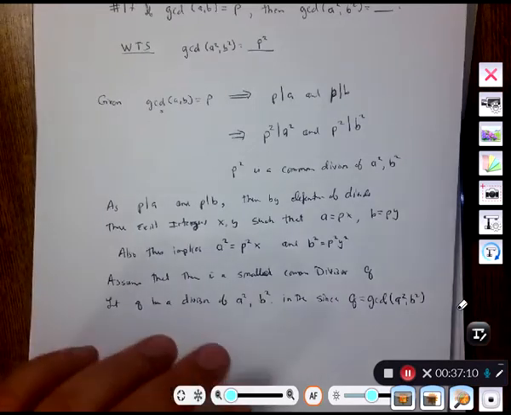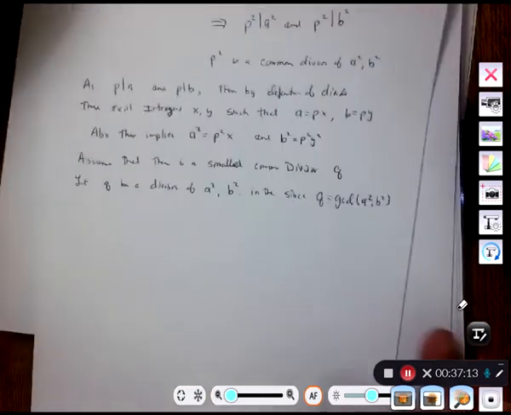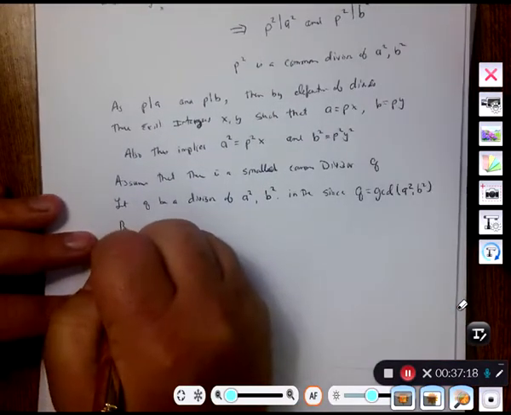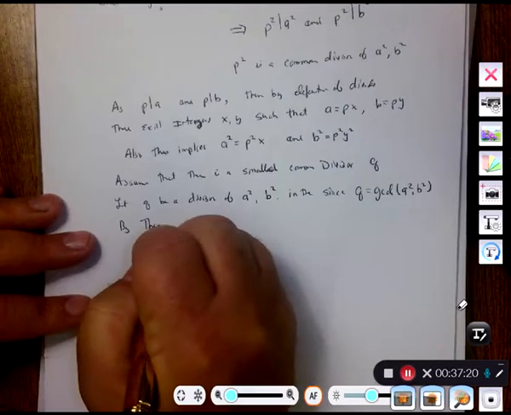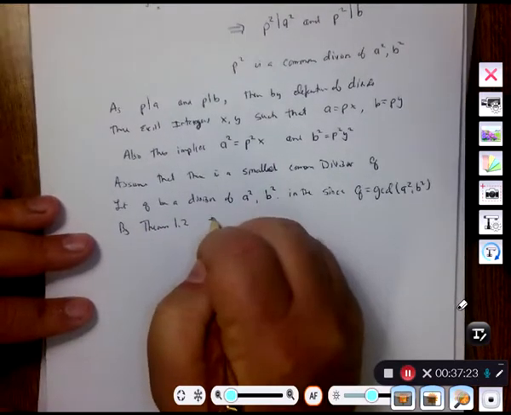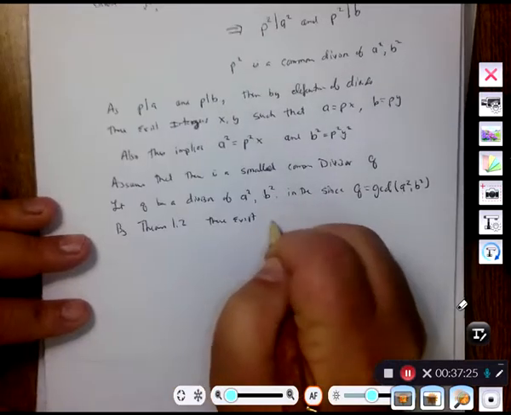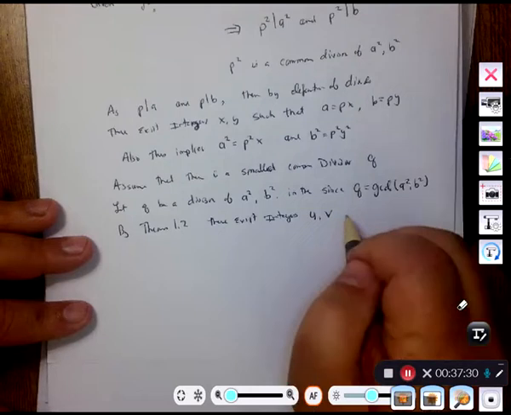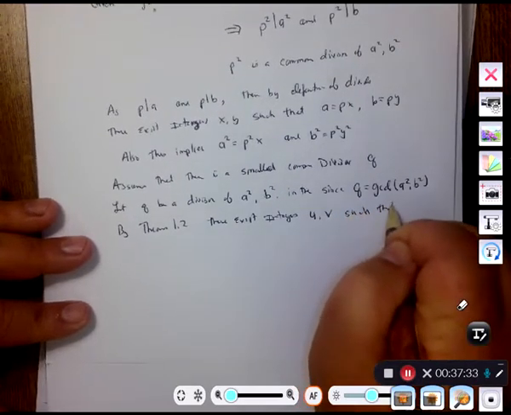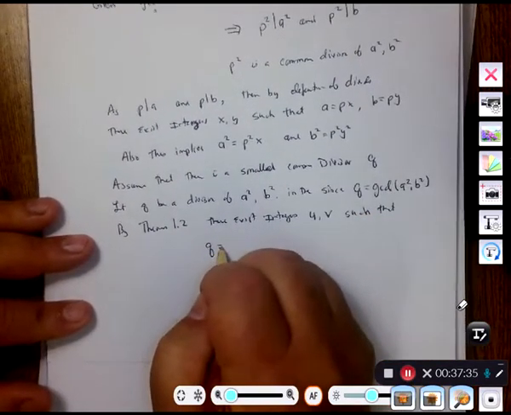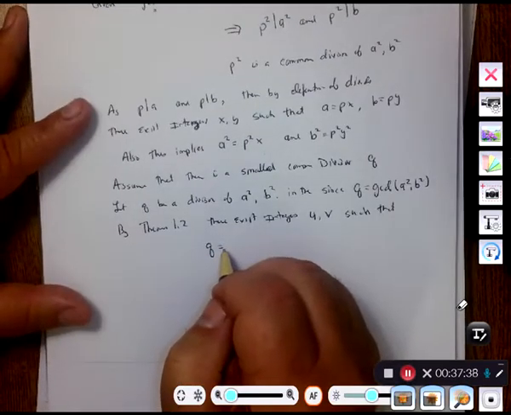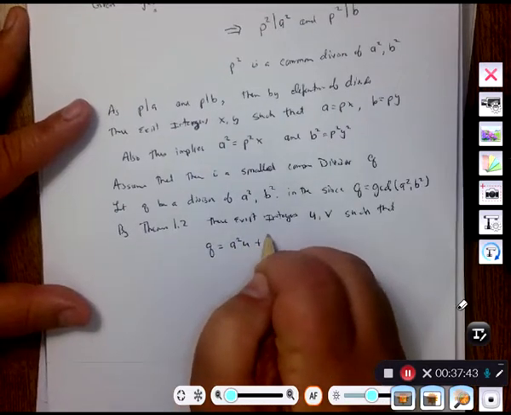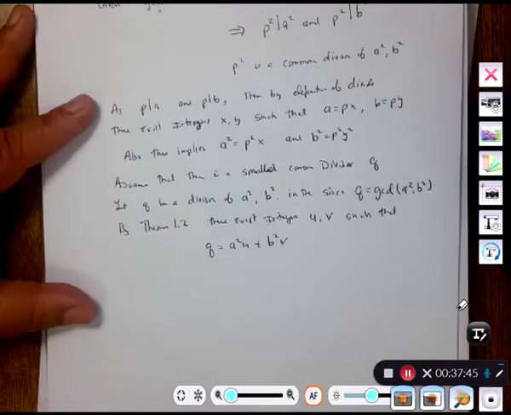Now, by Theorem 1.2, there exist integers, call them u and v this time, such that you get your equation: Q is equal to a squared times u plus b squared times v. Okay?